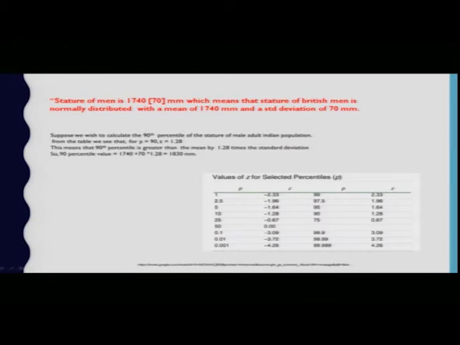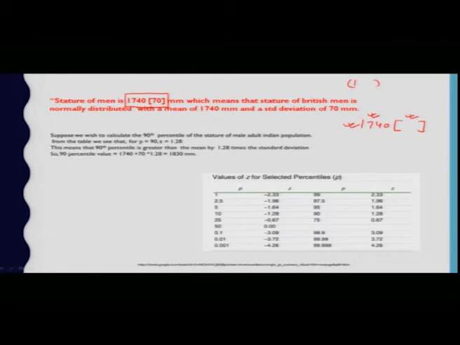Now, most often, if you read any book and find something written in this particular notation, like some number, let us say 1740, and in a large bracket something is written, it means that the digit written outside the bracket indicates the mean of that particular user population or measurement, and in the bracket the standard deviation is mentioned.